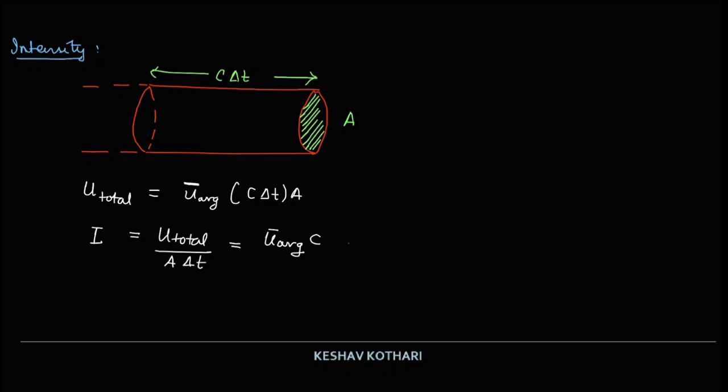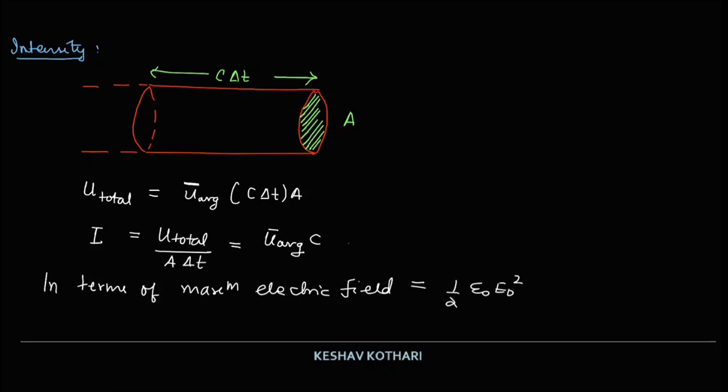Here we are writing only in terms of electric field; if you wish to write it in terms of magnetic field, you can surely do it. In terms of maximum electric field, u average is half of epsilon naught E naught square, and we multiply it by c.